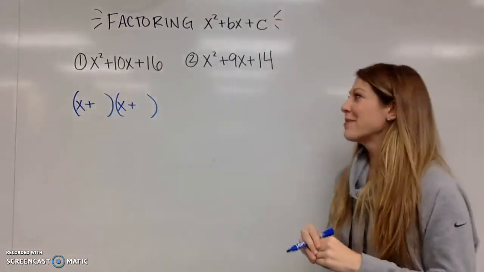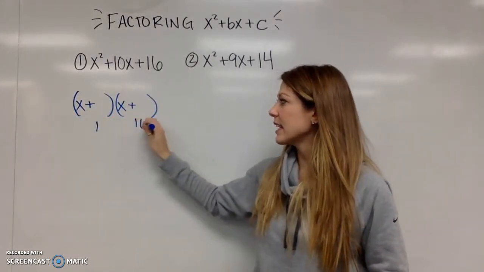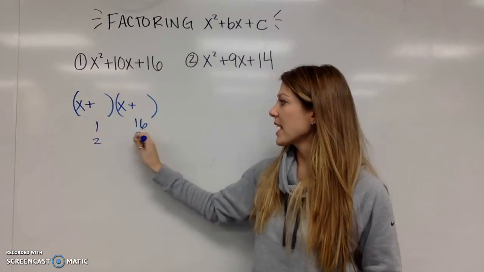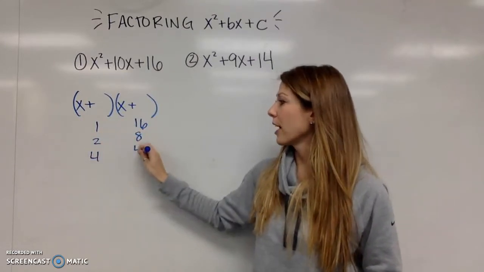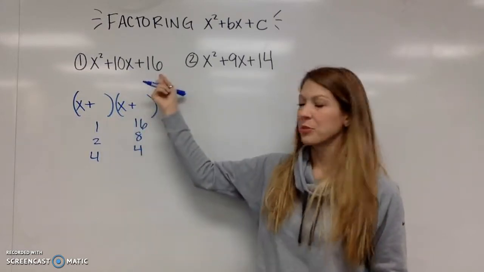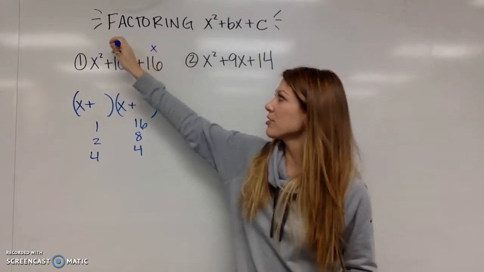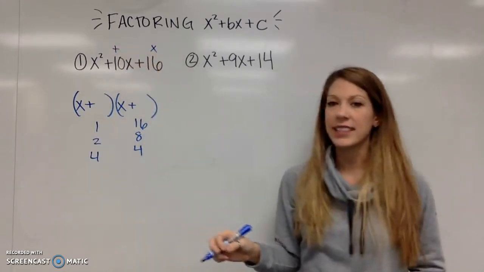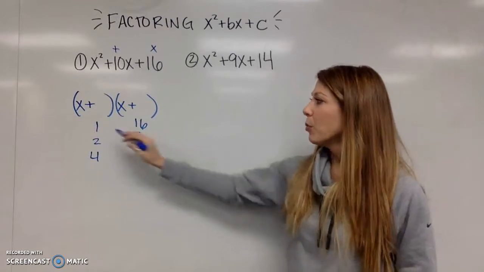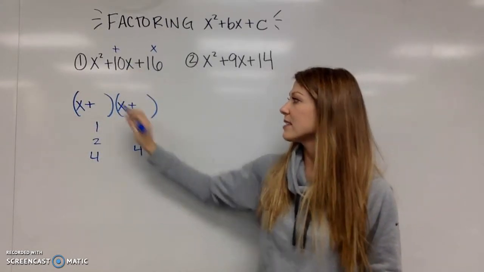All right, so some numbers that multiply to get 16, we know 1 times 16, 2 times 8, 4 times 4. Those are all some numbers that might pair up to multiply to get that 16 term. So we want them to multiply to get this last term, but we also want them to add together to get that middle term. So 1 plus 16 is obviously not 10, but 2 plus 8 is.